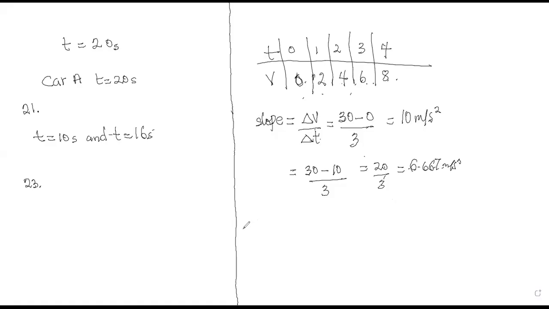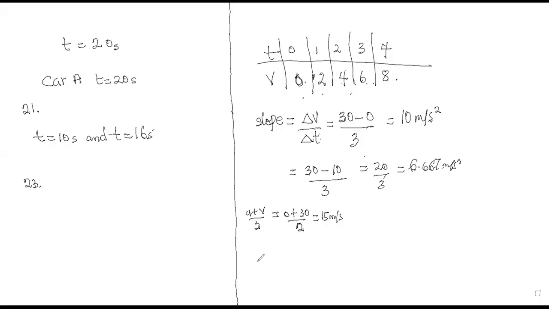Let's calculate the average velocity of object A. Since it is uniformly accelerated motion, the average velocity is initial velocity plus final velocity divided by 2. This is 0 plus 30 divided by 2, which is 15 meters per second.